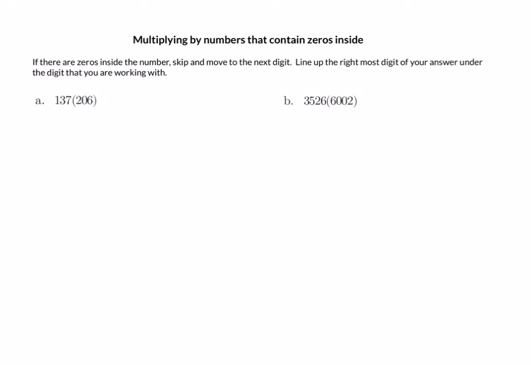So what you can do is, if there are zeros inside the number, you can skip and move to the next digit. The main thing to remember on this is line up the rightmost digit of your answer under the digit that you are working with.